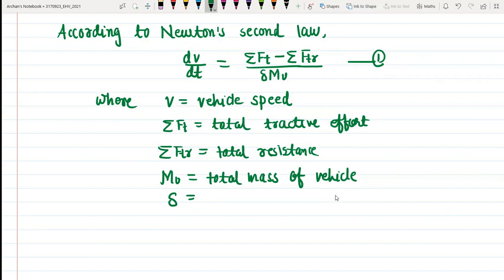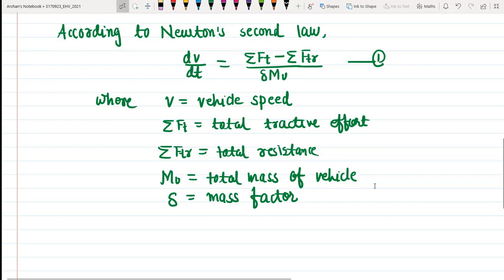Delta is nothing but the mass factor, which is the effect of rotating components in the power train. So equation number 1 indicates that speed and acceleration depend on tractive effort, resistance, and the mass of the vehicle.